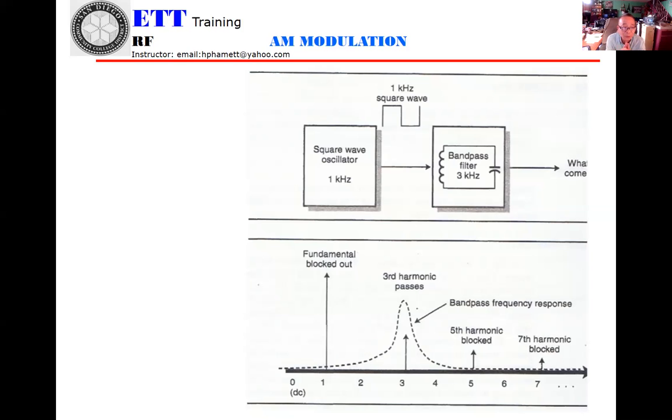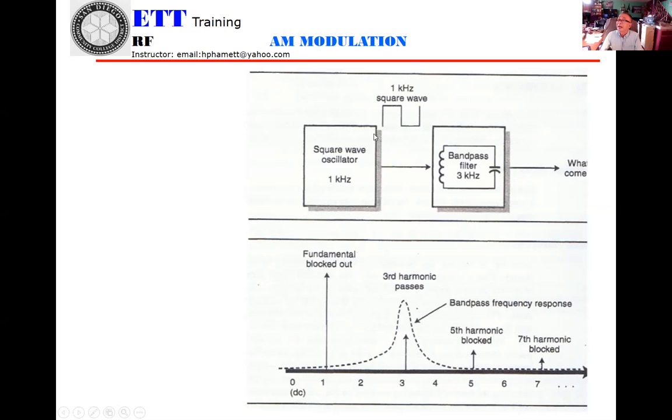However, what comes out is only 2 levels. Square wave, but not negative. 0 up to 5 volt only. Okay? And now you see a 1 kilohertz square wave.